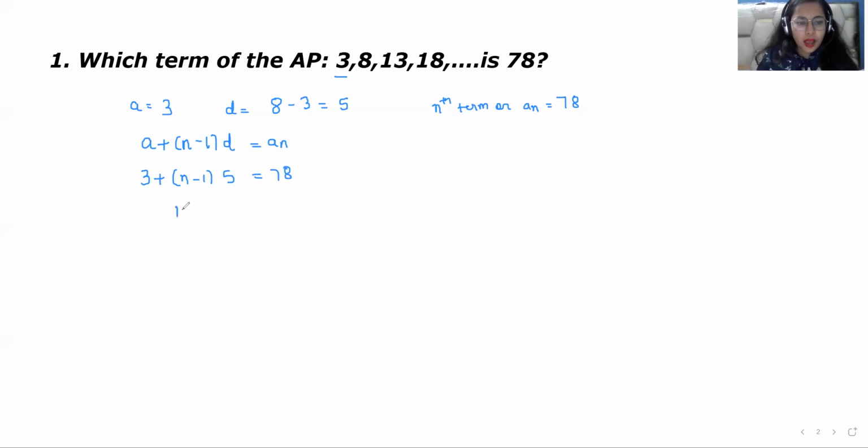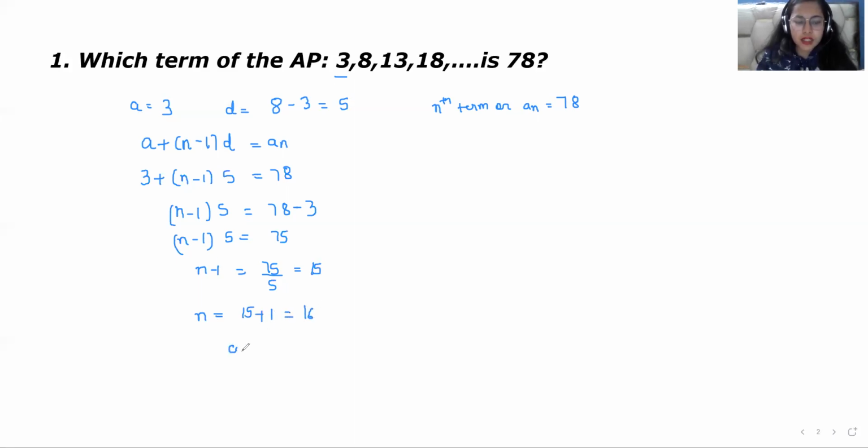Now 3 is with an addition sign; when it goes to the other side, it becomes subtraction. So (n minus 1) times 5 is equal to 75, and the 5 is in multiplication; when it comes to the other side, it is in division. When we divide, we get 15. So n minus 1 equals 15, and this minus 1 becomes plus 1, so n is 16.